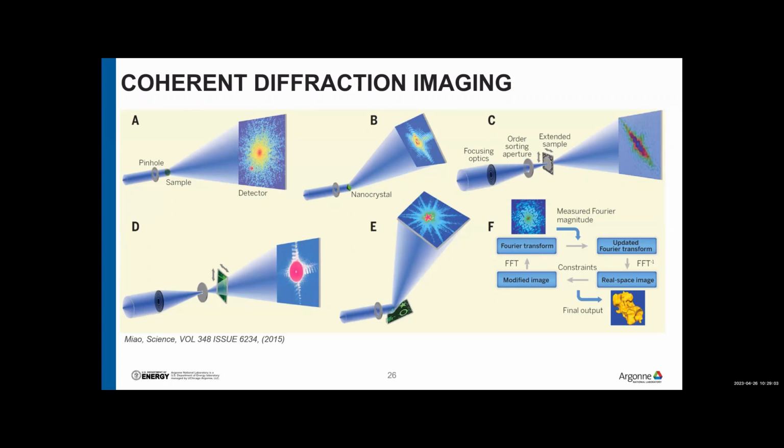This pattern, if you know the illumination probe, can be reconstructed in real space by iterative algorithms, conventionally at least, that will reconstruct at the same time the sample in real space, which is the information you want. The information you get is proportional to the electronic density in the sample, but it will also reconstruct self-consistently the probe function, which is the structure of the beam that you have in the first place.